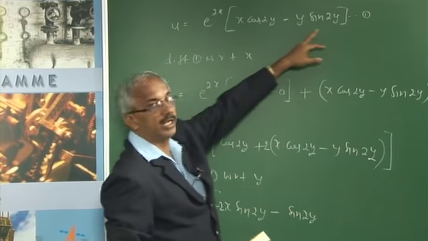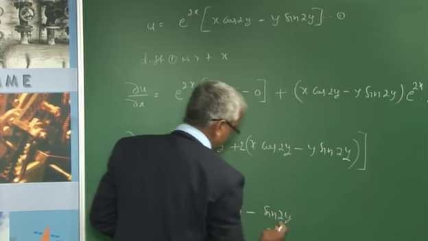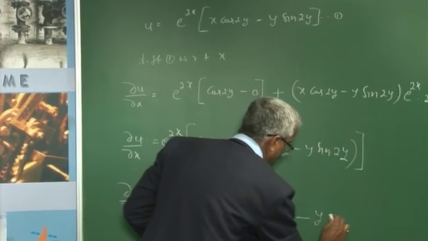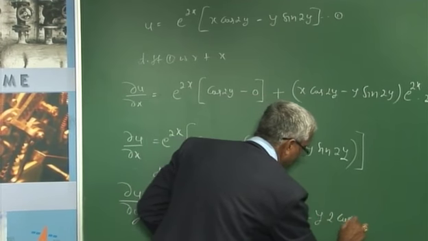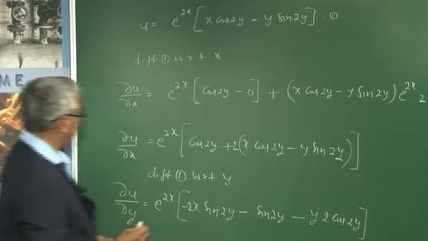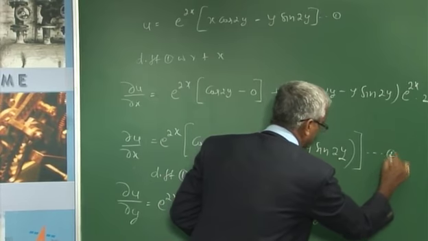Differentiate y sin 2y by the product rule: differentiate y first and keep sin 2y constant, then differentiate sin 2y, which is 2 cos 2y. So, here we have obtained dou u by dou x, I can take this one as 2 and this one as 3.